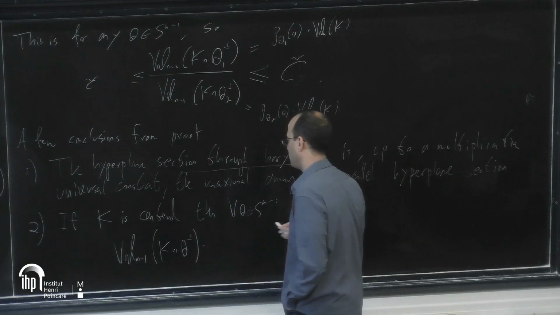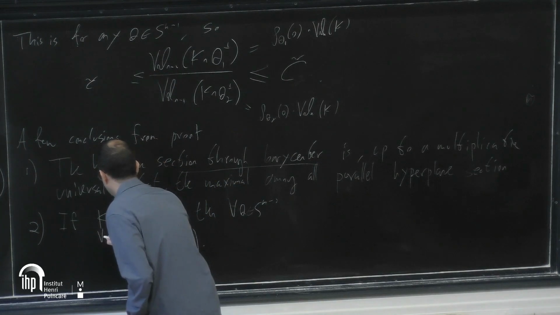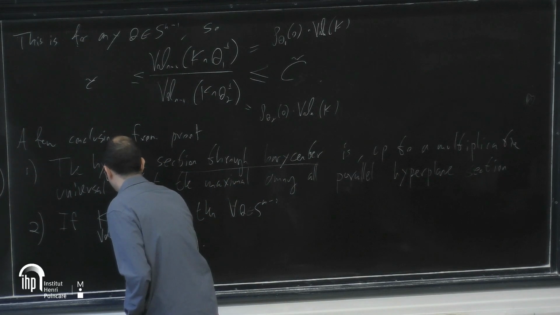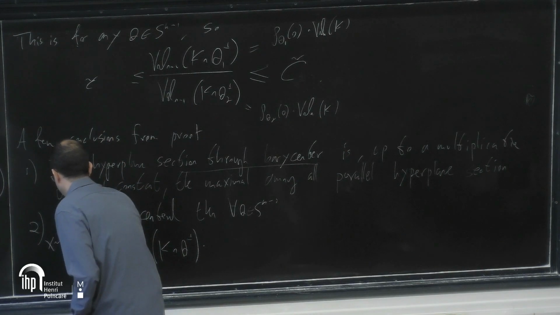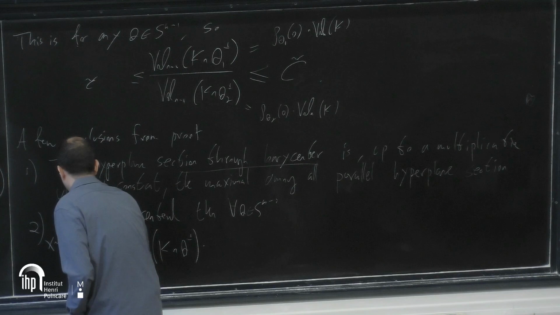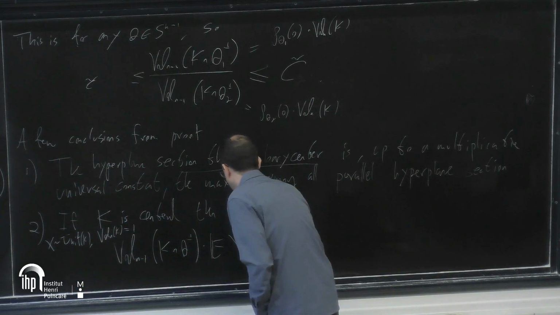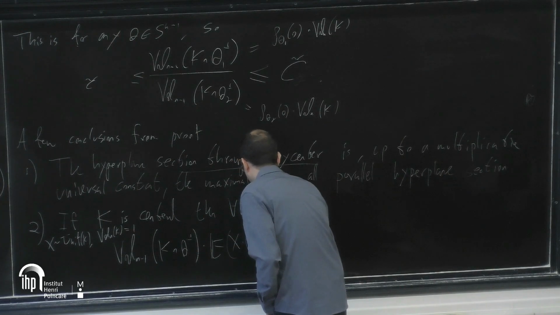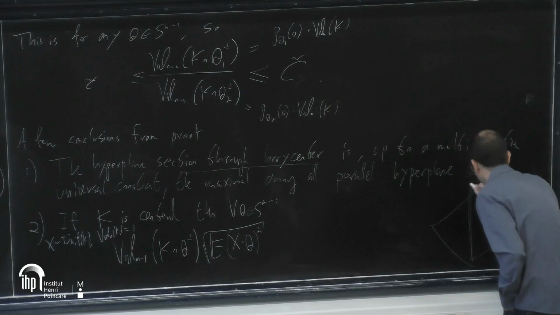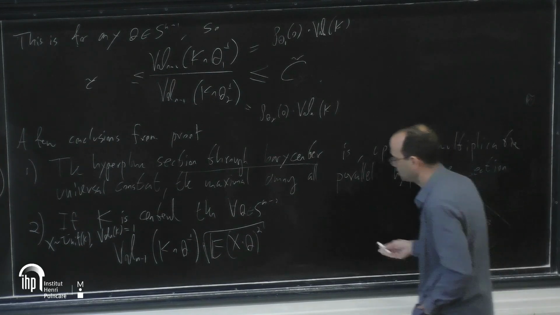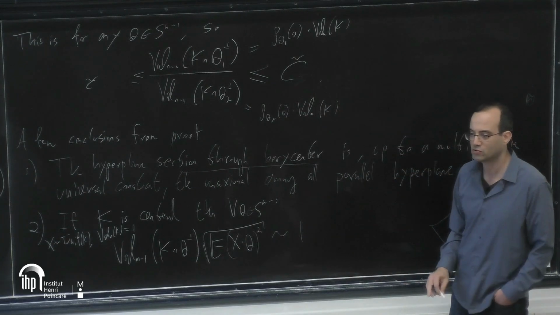So let's say K is centered, let's say the volume of K is 1, and let's say that X is uniform in K. Then we get that the volume of the central section times the L2 norm of X in the orthogonal direction, so this is the section and this is the standard deviation, is roughly 1.